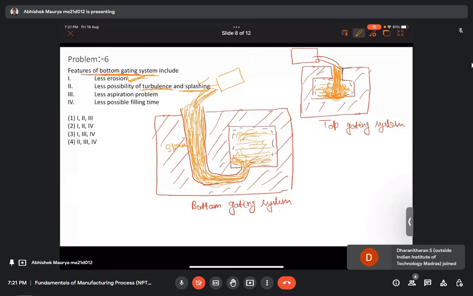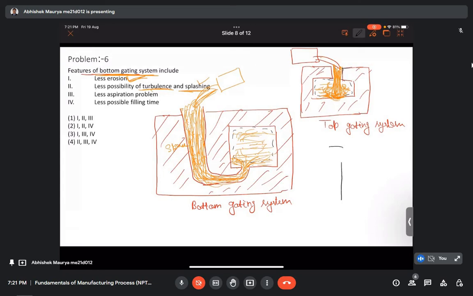Less aspiration problem. So what is the aspiration problem? What happens when we pour molten metal from top to the bottom, then velocity starts increasing. Now I will draw another schematic.